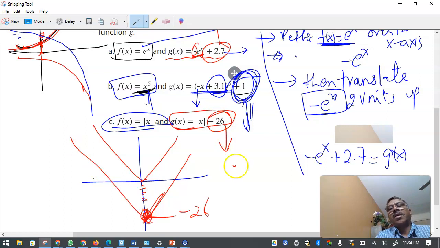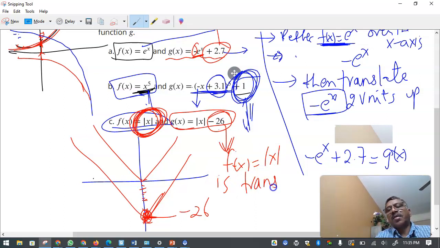So you have to say this absolute value function gets shifted 26 units downwards. So f of x is translated, or shifted, 26 units down.